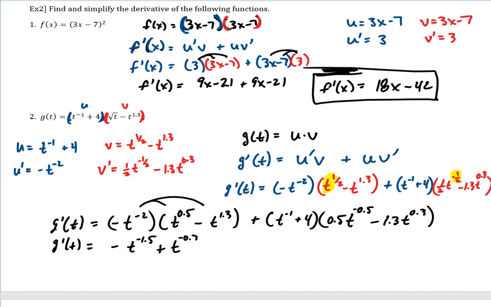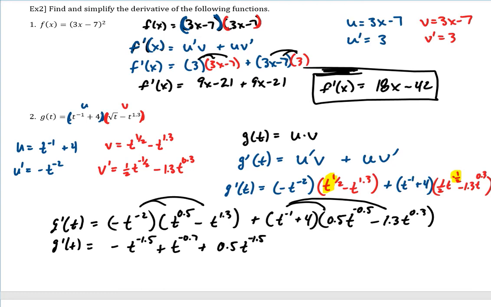Okay, so to FOIL this out, the t to the negative 1 would multiply each of those. So we'd have plus, that plus is there, so t to the negative 1 times the first one would give us the 0.5 t, the negative and the negative would add to give us negative 1.5.